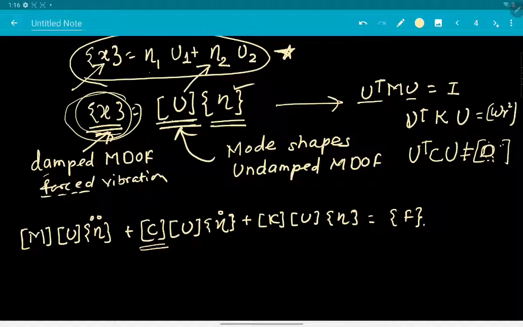If off diagonal terms are non-zero in this D matrix, then the whole idea of going for this, in which we obtained in the earlier case two different single degree of freedom systems, that is two different equations which are not coupled to each other, won't at all get satisfied, right?